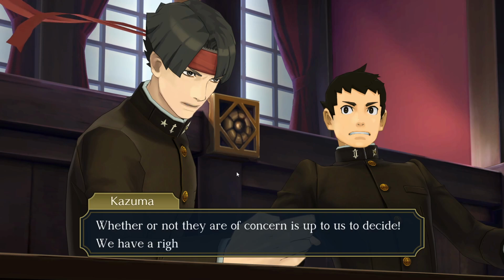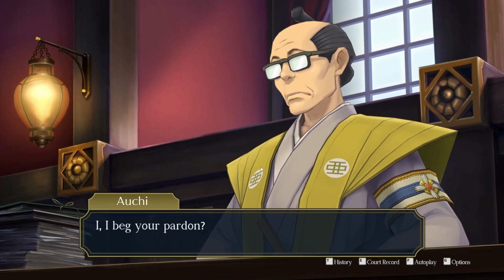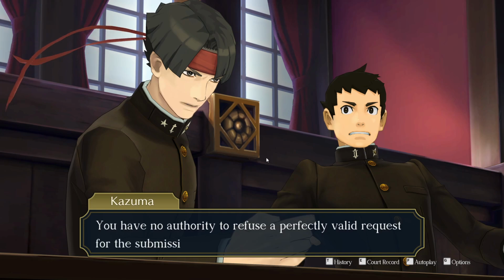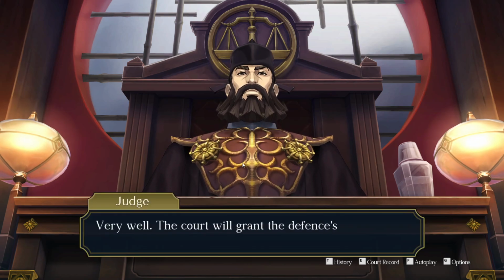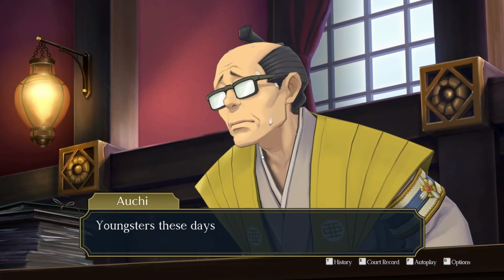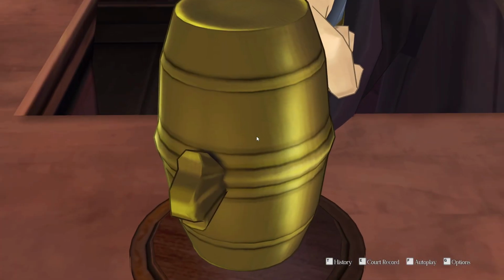Whether or not they're of concern is for us to decide. We have a right to explore all possible avenues. I beg your pardon? You have no authority to refuse a perfectly valid request for the submission of evidence. Very well. The court will grant the defense's request. Tisk. Youngsters these days are forever asserting their rights. It's a most disturbing trend.